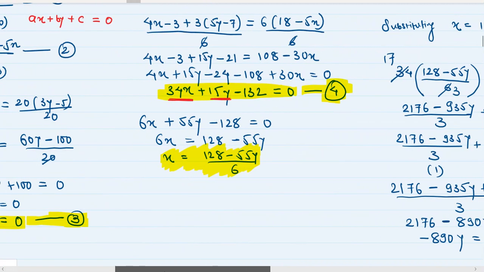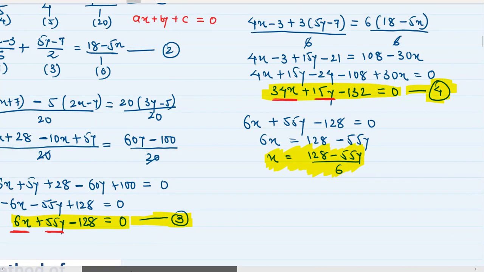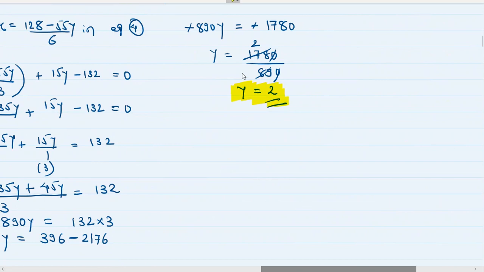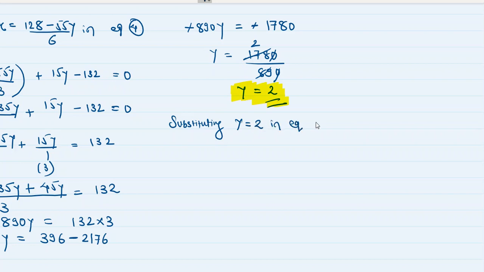Substitute the value of y in equation number 3. I'm sorry. 6x plus 55y minus 128 is equal to 0. So I'm going to write substituting y is equal to 2 in equation 3.